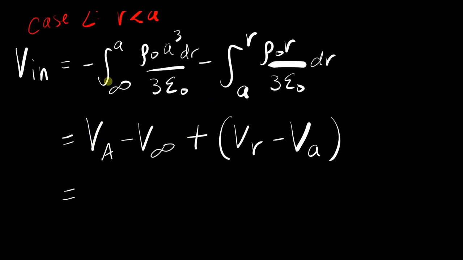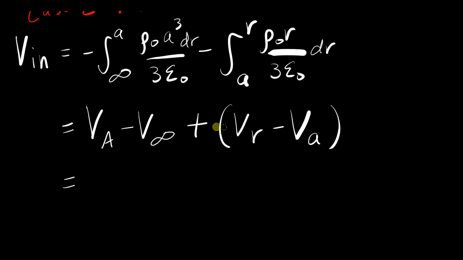You have the potential at A with reference to potential infinity, and you're adding the potential at some r less than A with reference to the potential at A. So from looking at this, you can see that VA here and VA here cancel out.